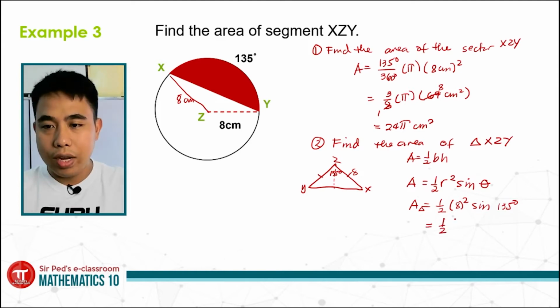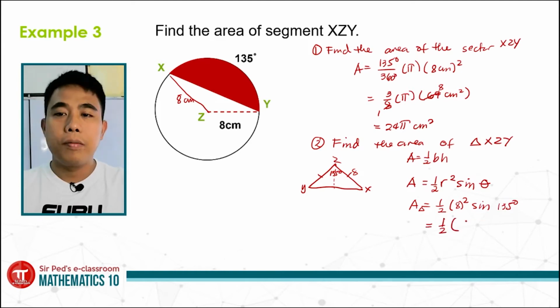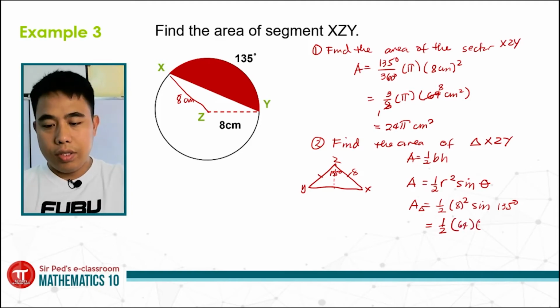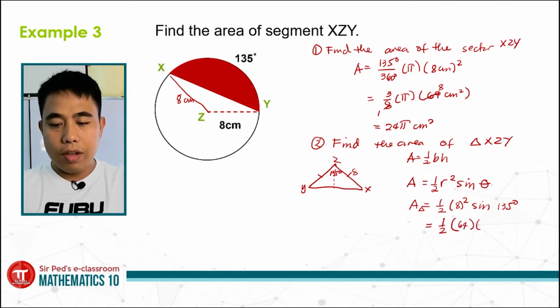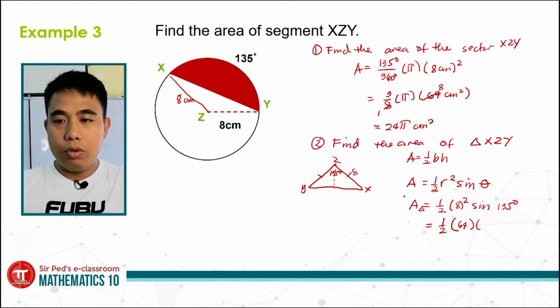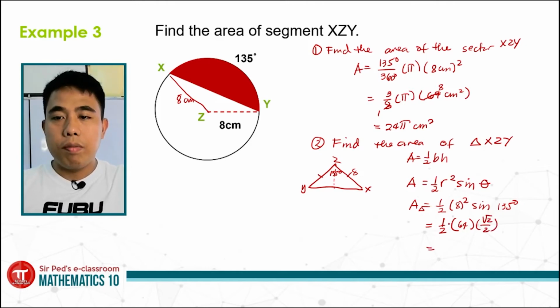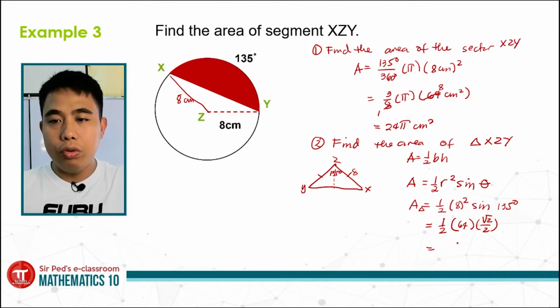So we use our scientific calculator. So 1/2 times 8 squared is 64 times sine 135, that is equal to square root of 2 over 2. So simplifying, that is 1 times 64 times square root of 2, that is 64 square root of 2 over 2 times 2, 4.